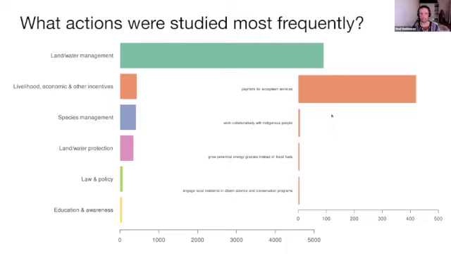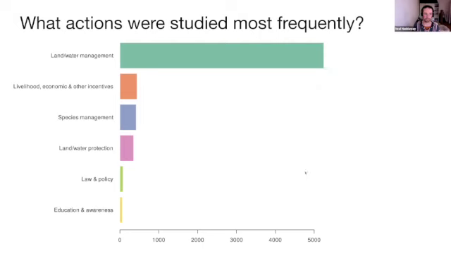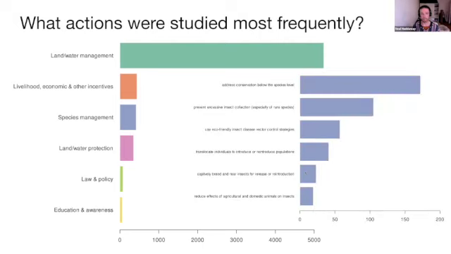In terms of livelihoods, there was quite a lot on payment for ecosystem services, and then very little on a small number of other categories. In terms of species management, which differs from land or water management, you can see that there was a fair amount on conservation below the species level.